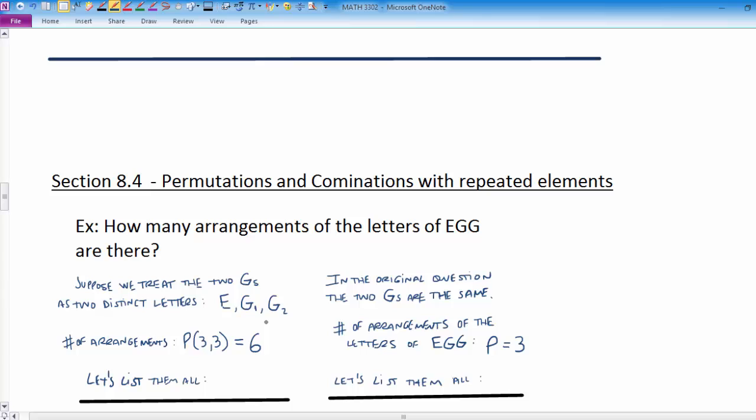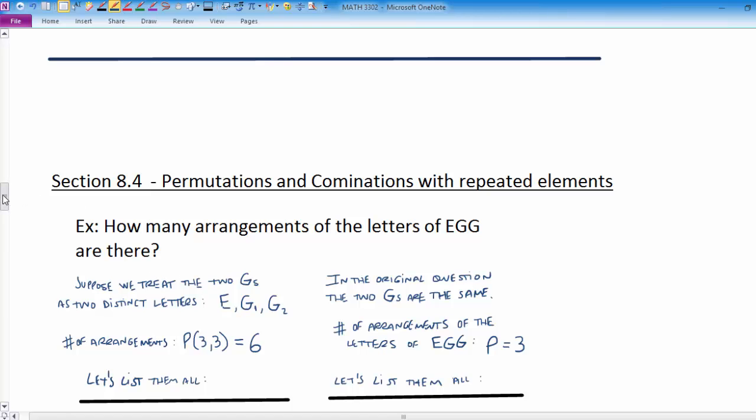So we're going to make them distinct. Now the three letters are distinct: E, G1, G2. What is the number of arrangements or permutations of those three letters when you take those three at a time? That's P(3,3), which gives us 6.